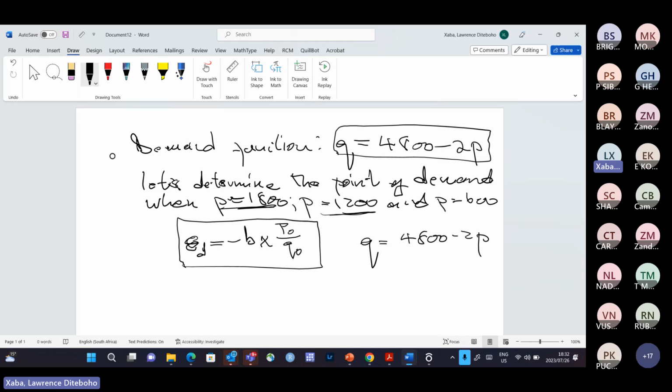This is the given equation. Now, like I said, we're going to take the first price given to us. So we say, okay, P equals 1,800. From the given equation, where we see P, we substitute 1,800. Then we have 4,800 minus 2 times 1,800.